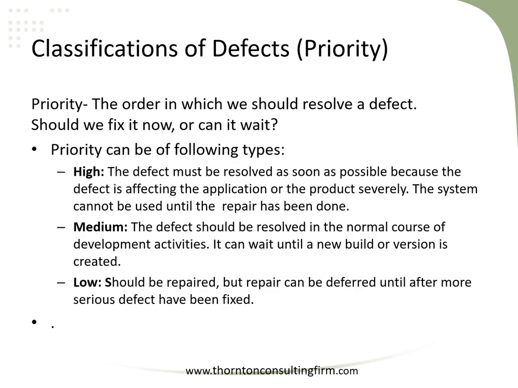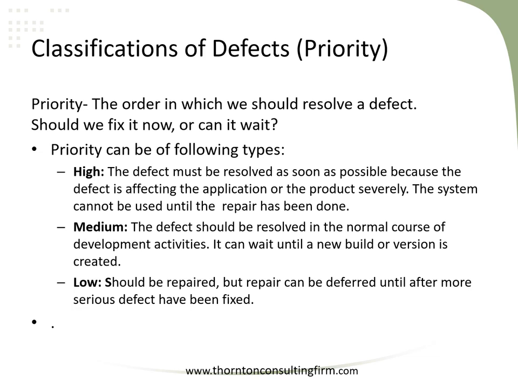And we have a second classification, as I mentioned earlier, which is priority. All defects must be ranked by their priority. And the priority is the order in which we should resolve a defect. So this helps a developer determine which defects should be fixed first.